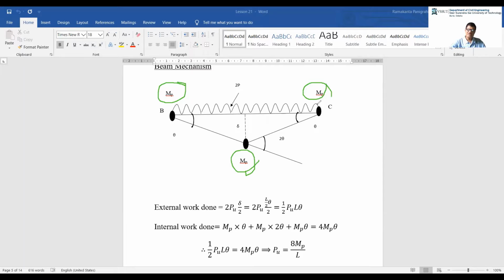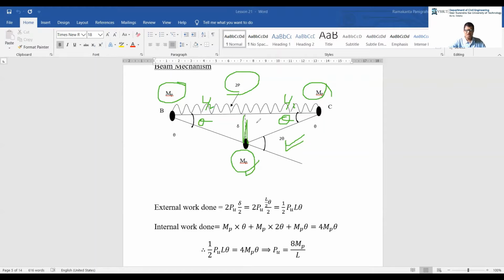It is UDL throughout. Total load is given 2P, so 2P by L is the value. And this will be L by 2, this side will be L by 2, and obviously this angle should be the same. And this is your delta. So theta means this will be theta.